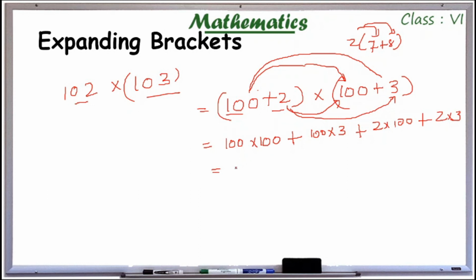So 100 into 100 is equal to 10,000. 100 into 3 is equal to 300. 2 into 100 is equal to 200. 2 into 3 is equal to 6. Now adding, 300 plus 200 is equal to 500. 500 plus 6 is equal to 506. 10,000 plus 506 is equal to 10,506.